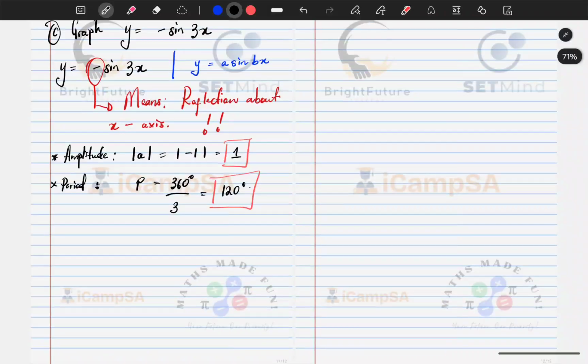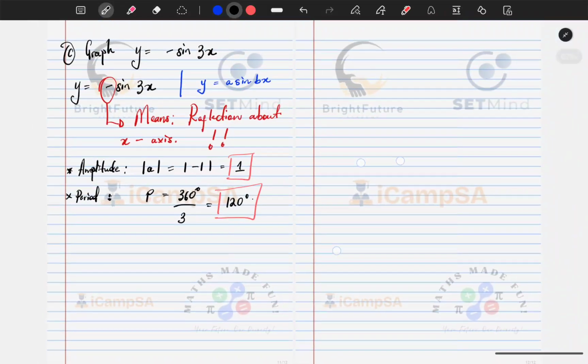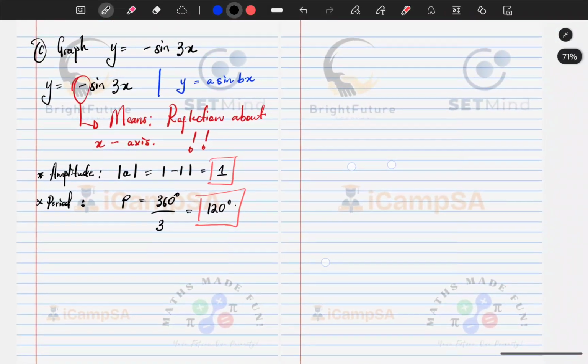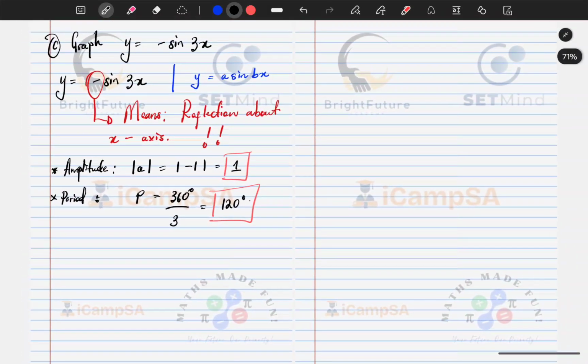What we can do now is try to draw the graph. As I said, this will be a reflection about the x-axis.